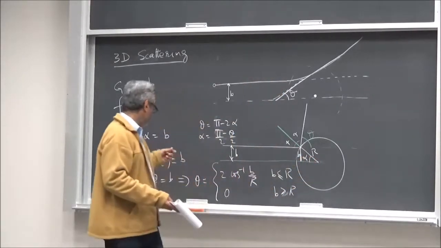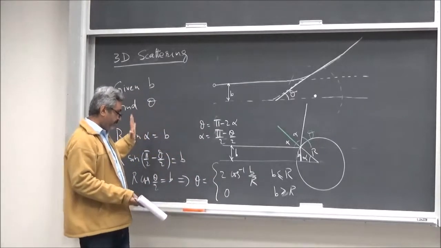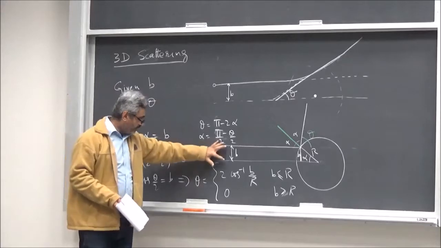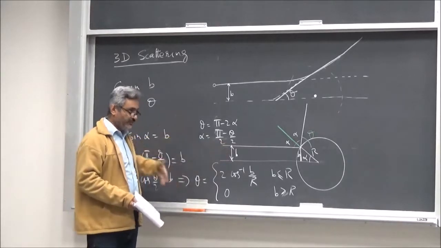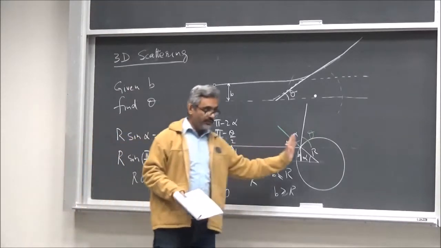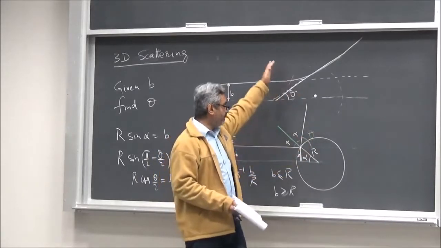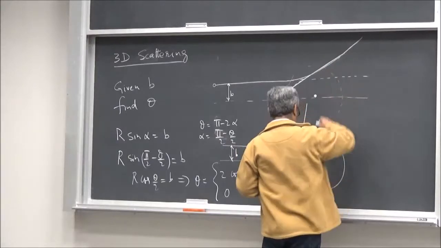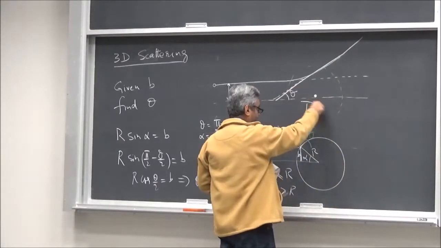Well, you should take a beam of particles, with all possible b's, let's say uniform, and just throw them there. And then measure the distribution of particles on your detector. This particle is going this way, it has to be detected somewhere.